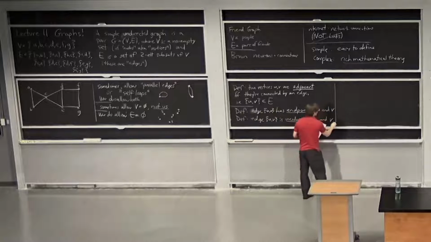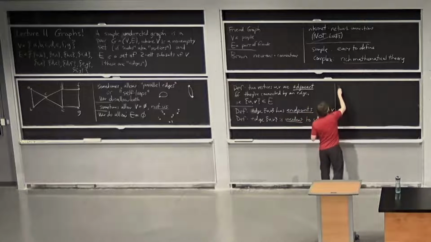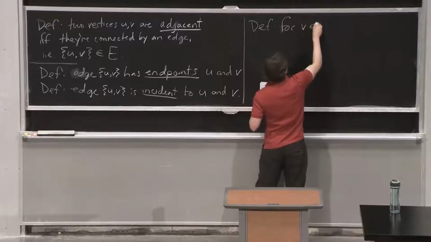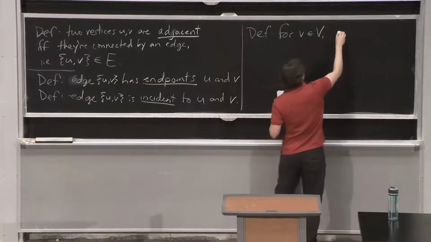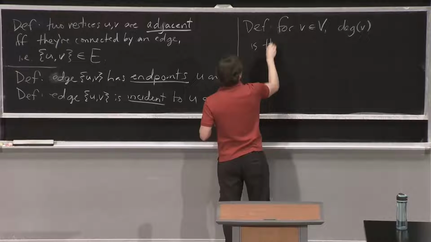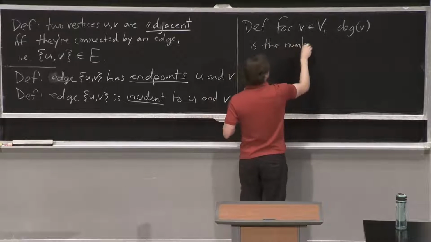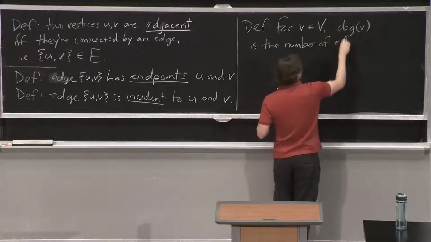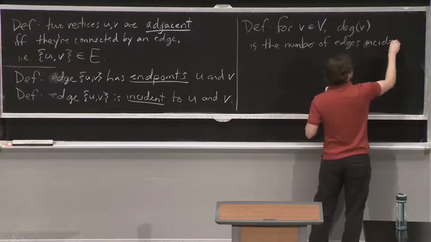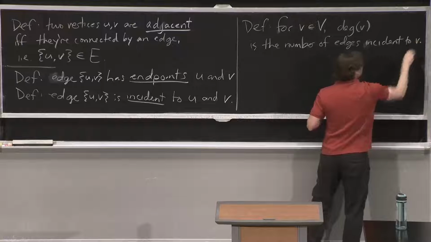But useful terminology. And that lets us define the next thing, which is for a vertex v, the degree of v is the number of edges incident to v.